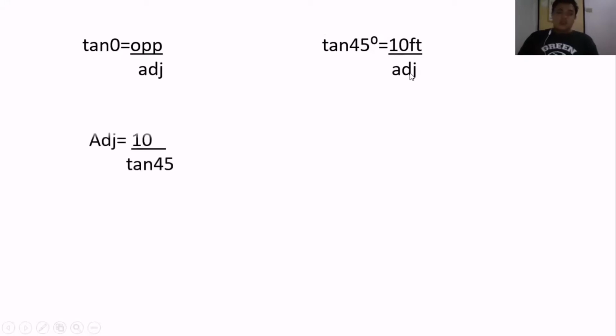It will look like this. As you can see, adjacent equals 10 over tan 45. Now you can input 10 over tan 45 in your calculator, which would then look like this. Adjacent equals 10. That will be our B. Since we're only looking for B, it is our final answer.